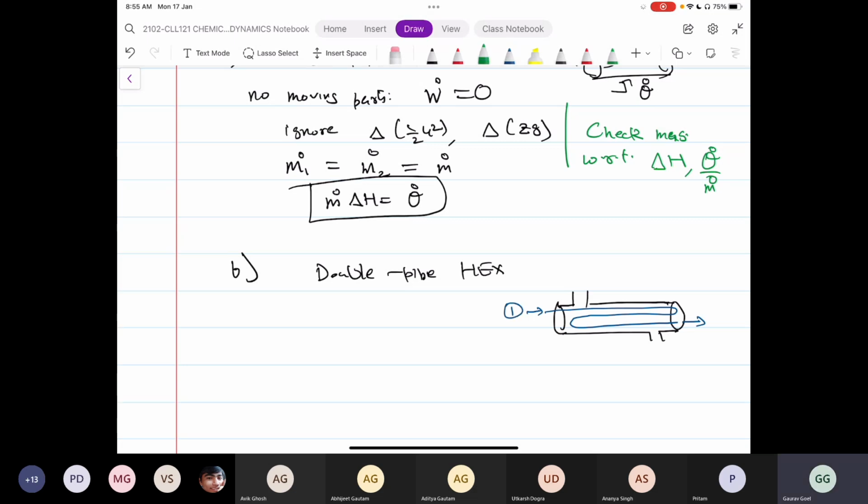So that is your stream 1, and on the other side, you have your stream 2. I will draw my control surface in such a fashion that all the flows in and out of the control volume are happening across my control surface. So this red denotes my control surface. Typically, these heat exchangers are insulated.